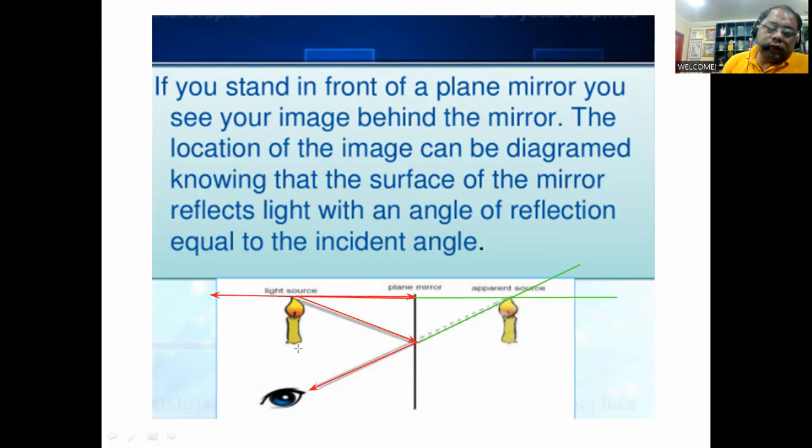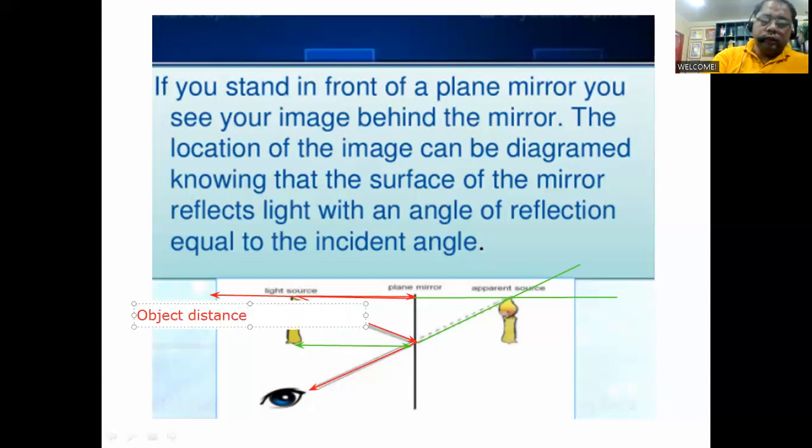Now, there's a distance from that candle to the mirror. And usually the candle is considered as your object. So you have here the object, and it has a distance from the mirror.